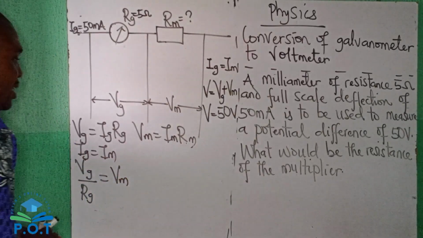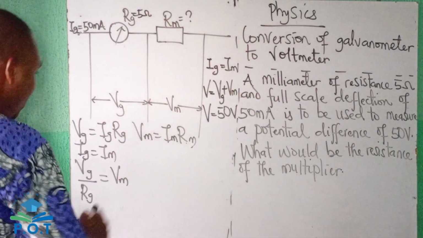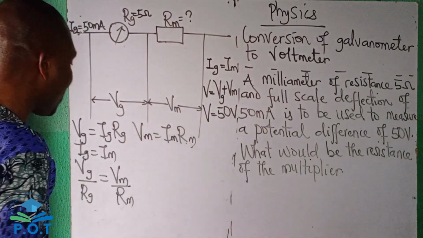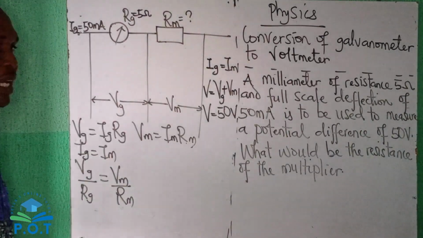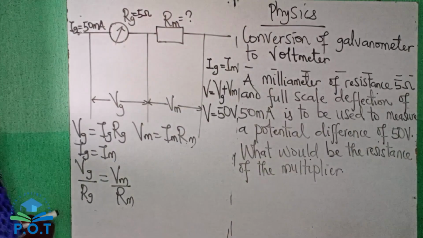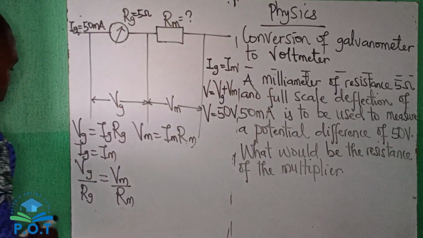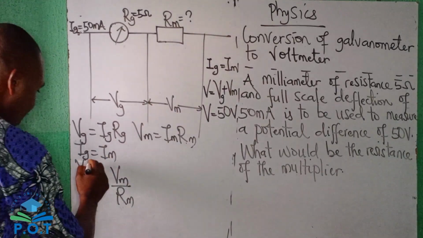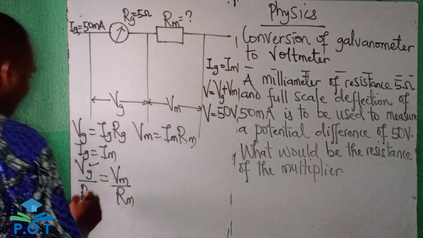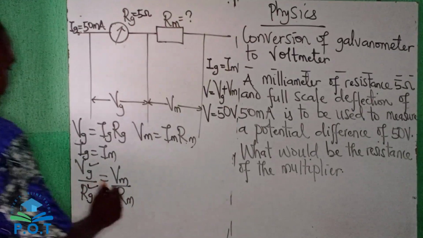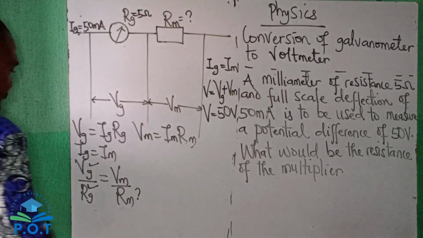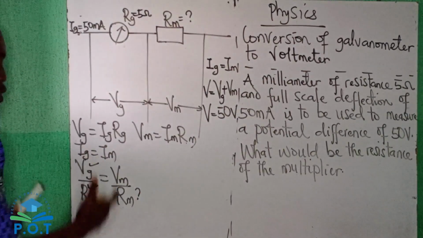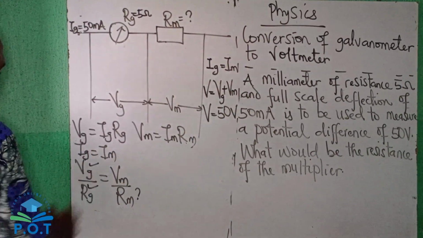Our Vg, the voltage across the galvanometer or the milliammeter, we can solve for, since our Rg is given. We don't know our Rm, and we don't know our Vm also. So let us get our Vg first.